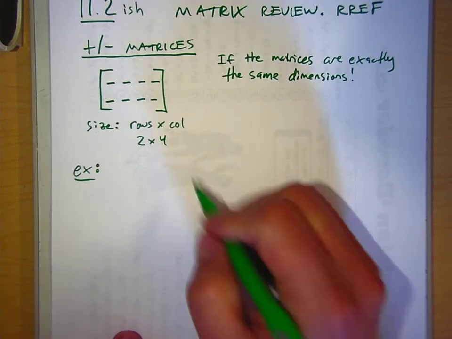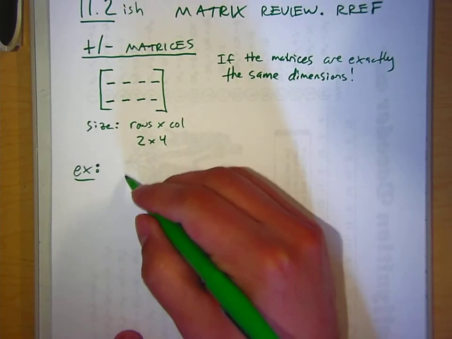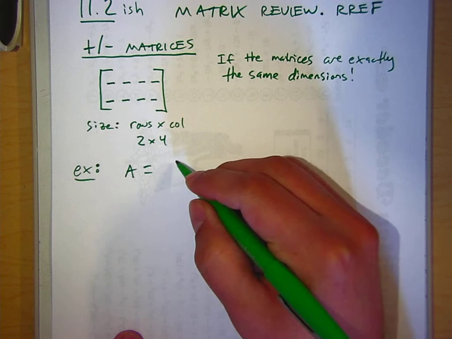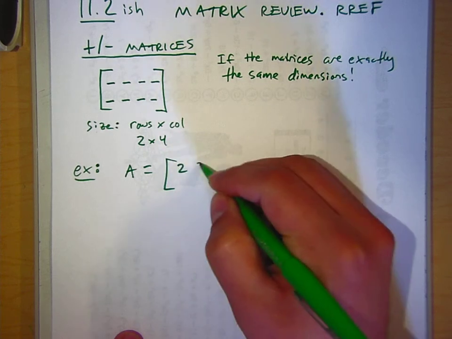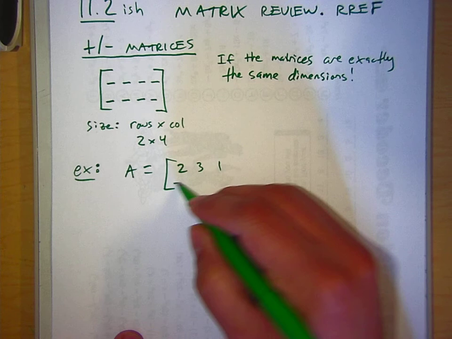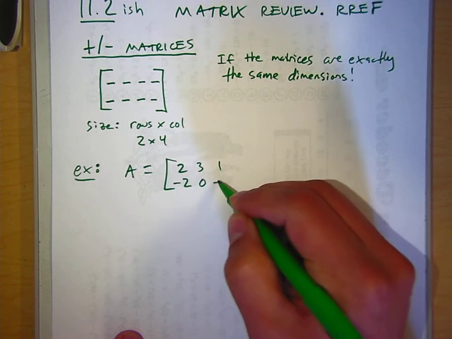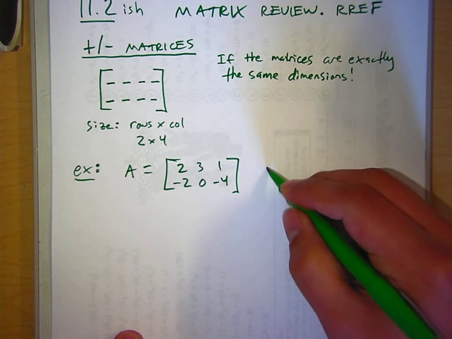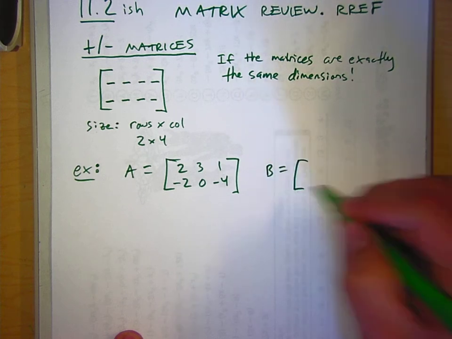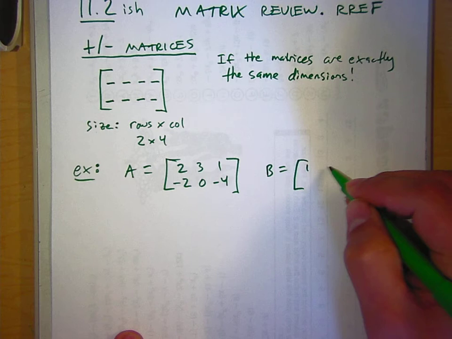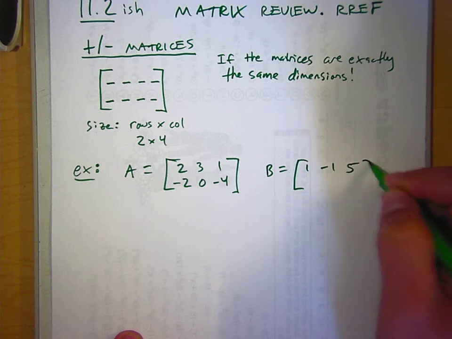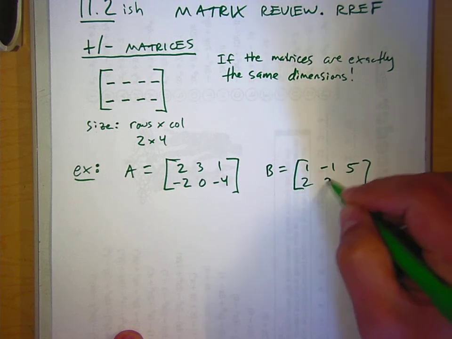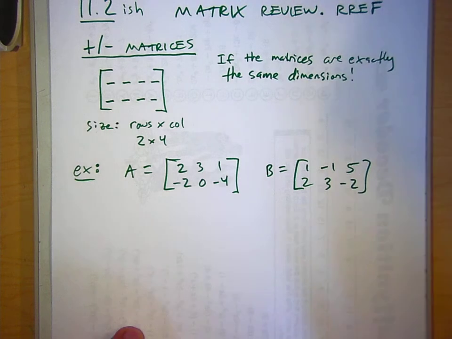So real quick, let's say I have A is equal to 2, 3, 1 for the first row, -2, 0, -4 for the bottom row. Let's say B is 1, -1, 5, and 2, 3, -2.